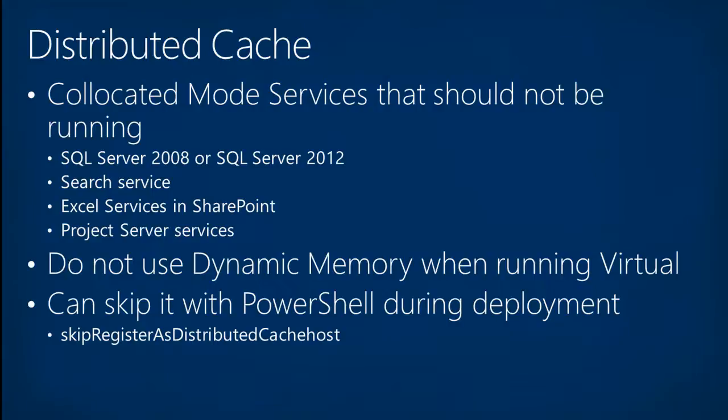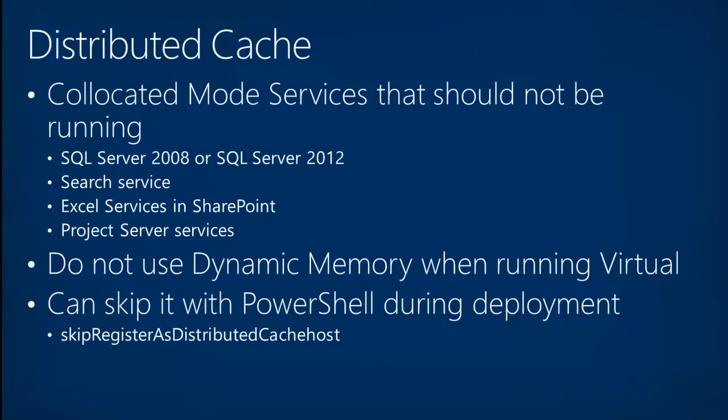Because what happens is the system starts to see that the amount of physical memory available to it has decreased, and it starts to trim out of the distributed cache. It starts taking items out. So you end up in really strange behavior, and unfortunately I can say that during the course of going through some of this material in the Ignite training, I've seen some of that, those activities actually vanish right in front of me. So definitely do not run with dynamic memory, and they've actually put a support statement out on TechNet saying that as well.